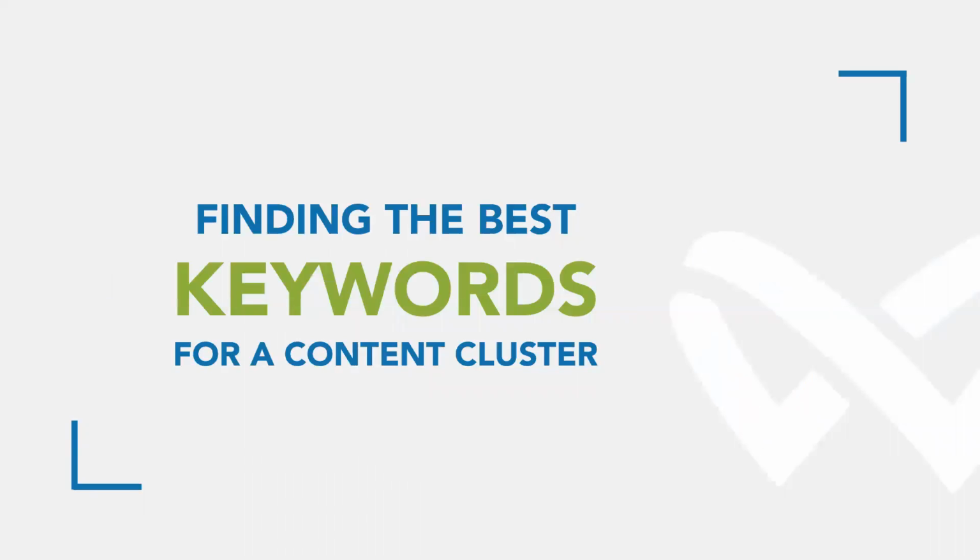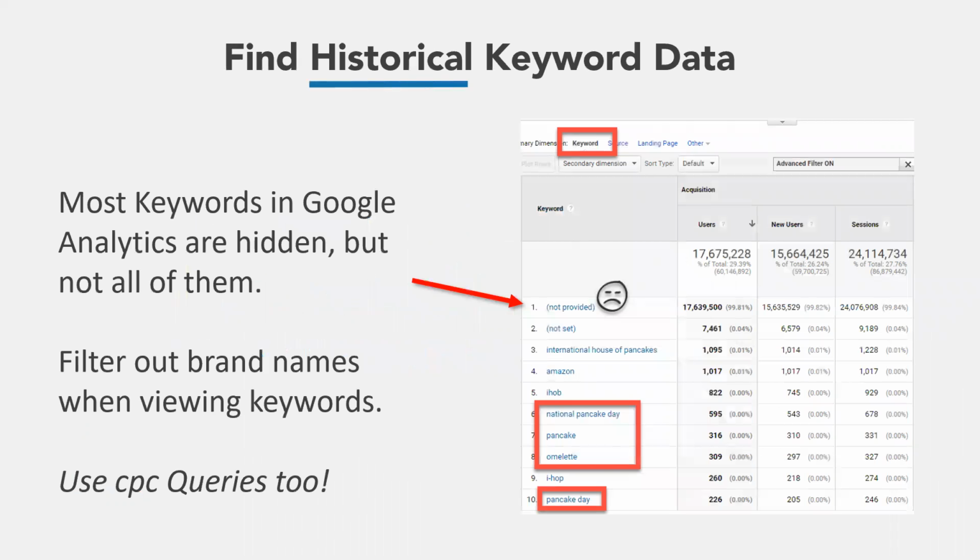So where do we find these keywords? As we start to put our keyword clusters together and figure out what we want to appear for, as I mentioned, starting with your own data is going to be the first place to start. In this example, you can see, unfortunately, in Google Analytics most of our keywords are hidden behind a "not provided." Fortunately, there's still some historical data in there prior to when Google started moving all of the keywords under that "not provided," claiming user privacy is the reason they don't want to share it.